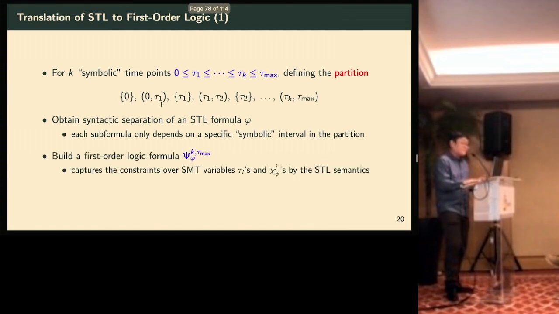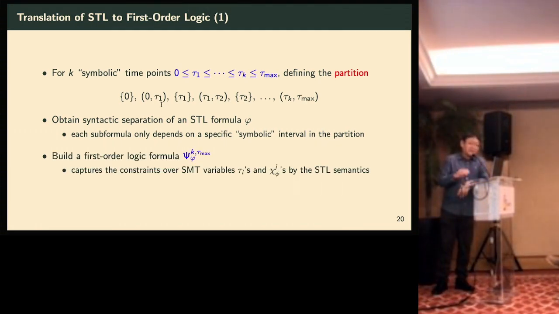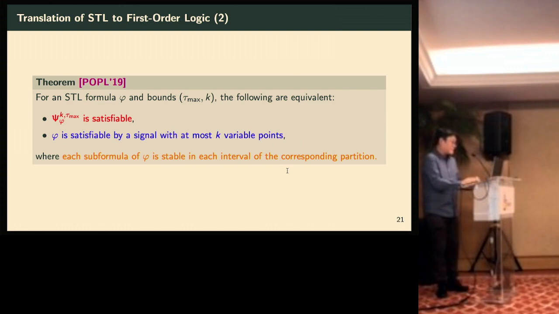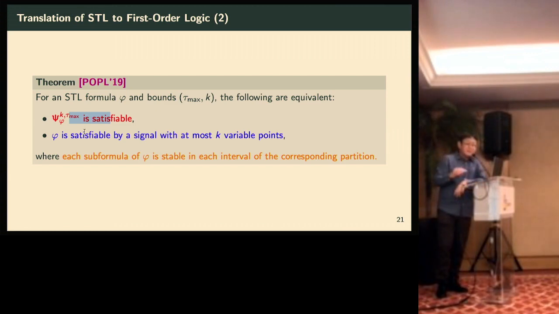Then you can obtain a first-order logic formula that captures the constraint over the symbolic variables, over this time variable, and the variable assigned to each subformula. And the theorem is that this formula is satisfiable if and only if phi is satisfiable by a signal with at most, not exactly, sorry, but at most k variable points.